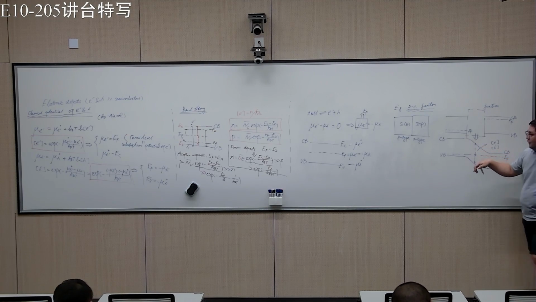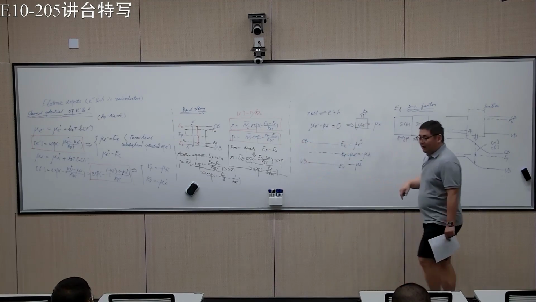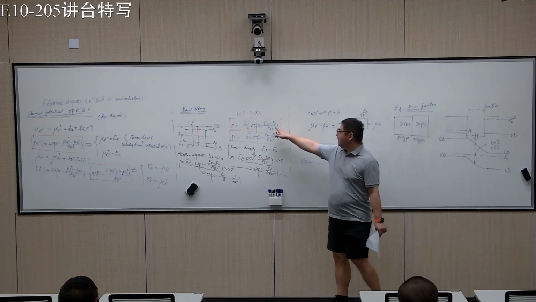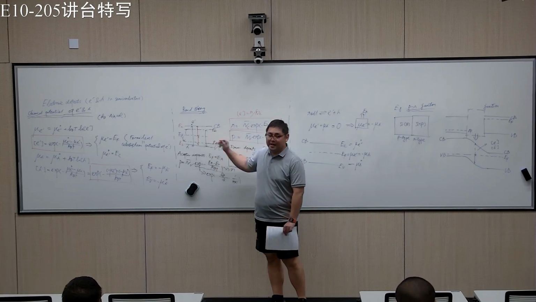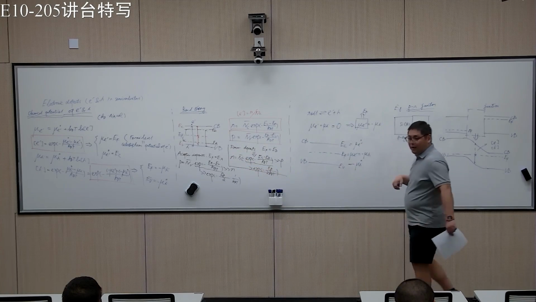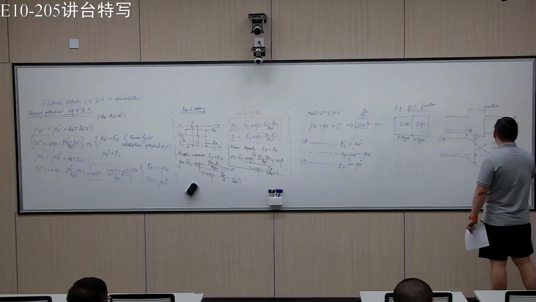Which means that if you think of this exponential term, this guy is pretty large, and this guy is pretty large. It's almost like the Fermi level in the middle of the band gap. Which means that the charge carrier density is very low for both electrons and holes. Therefore, it's called the depletion region.